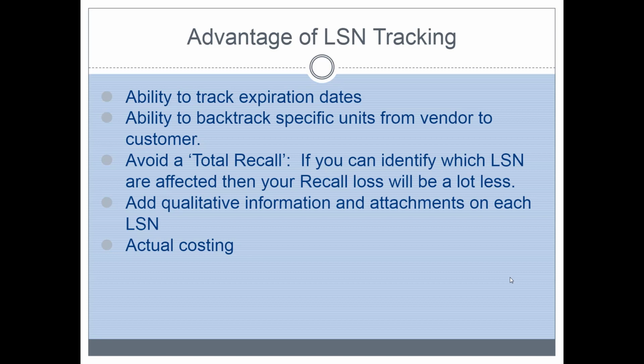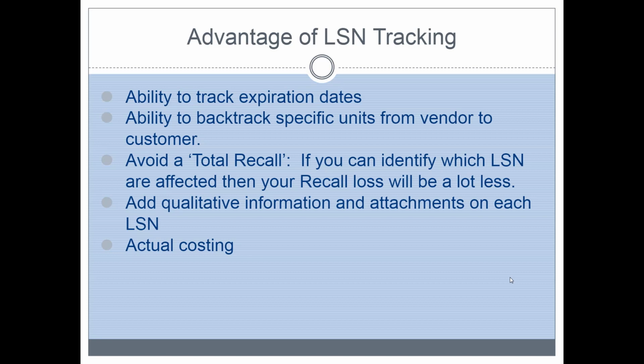You almost have to have it because government agencies will require it, your customers will require it, etc. So one advantage, of course, is the ability to track expiration dates because we know the exact number. We can run reports showing which items are going to expire and when. You also have the ability to backtrack.